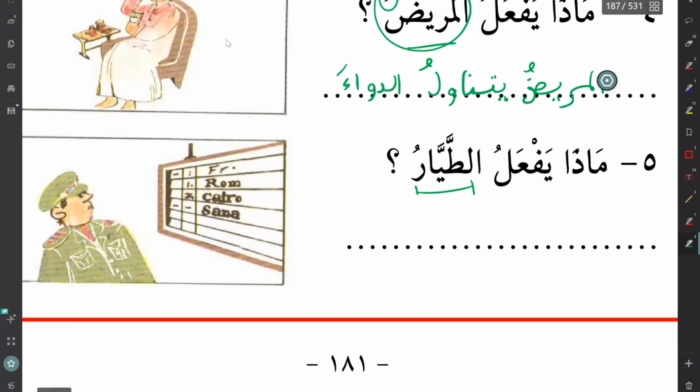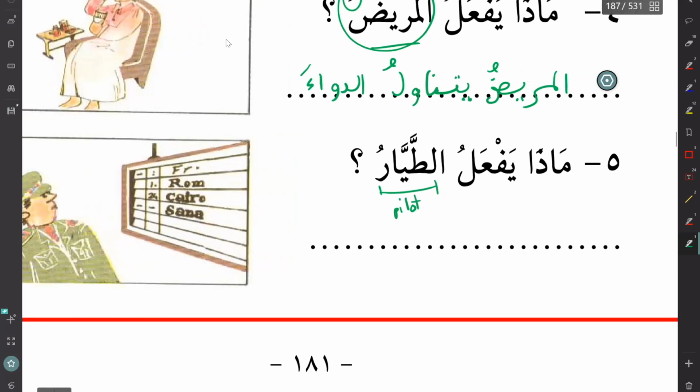طيار is pilot. Okay, so what is he doing? Looks like he is reading the board, right? You can say الطيار يقرأ اللوحة. He is reading the board.